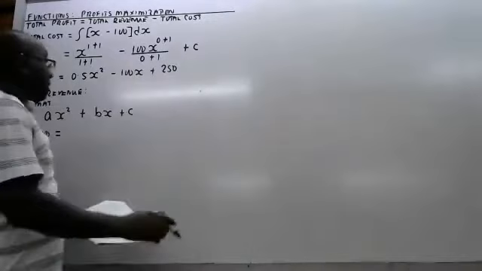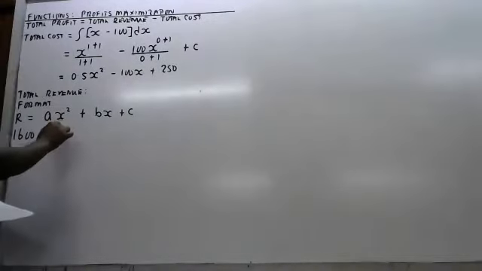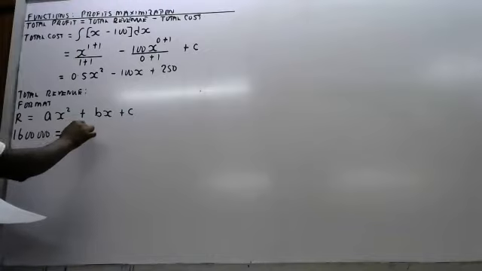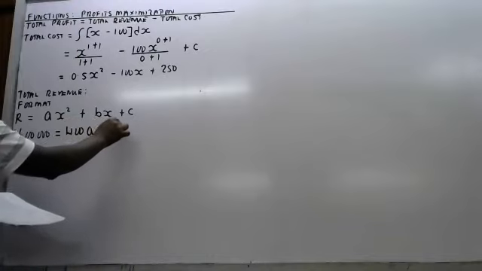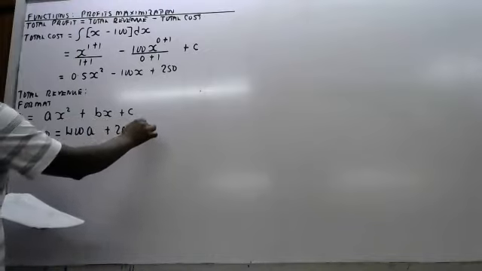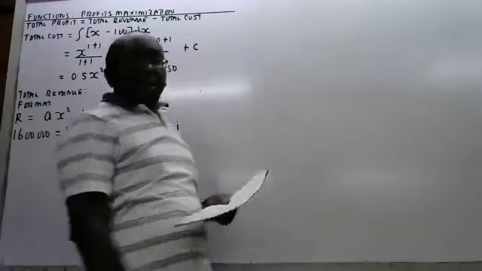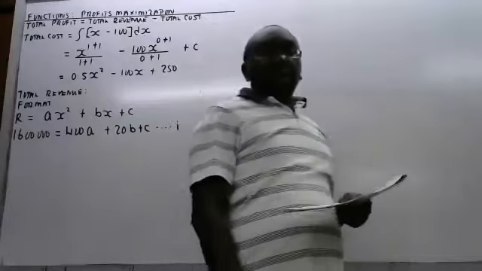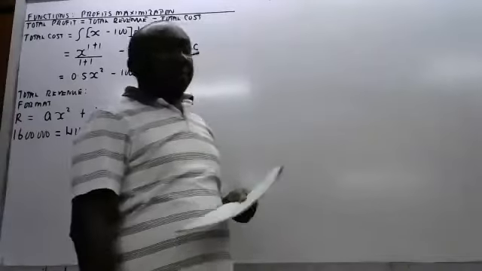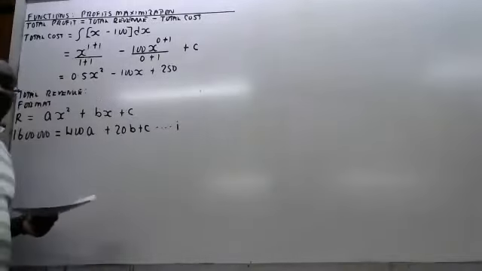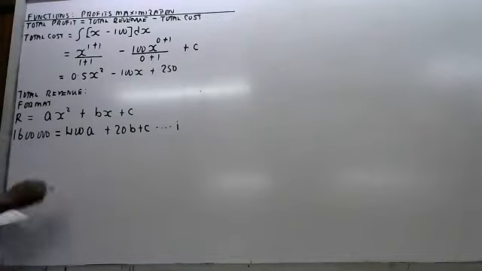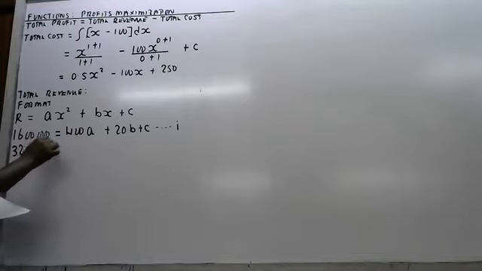Yes, good. I can see 400. So we will therefore write 400A plus 20B plus C, and this one we call equation number 1. Do the same to the next, which is 3,200,000 being equal to 40.